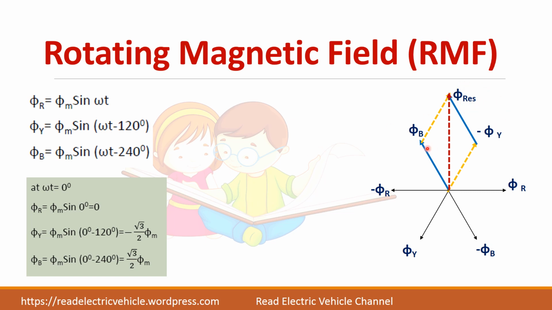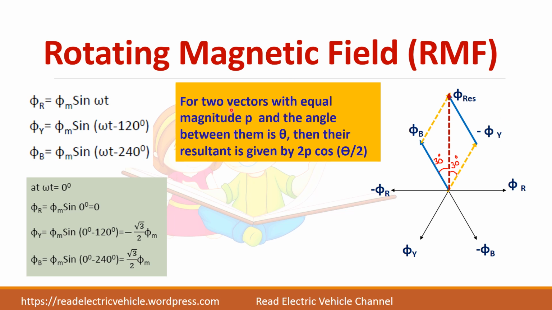So here we have two vectors of same magnitude. When two vectors are of equal magnitude, and the angle between them is 60 degree, then resultant is given by 2P cos theta by 2. So in this case theta by 2 is 30 degree.